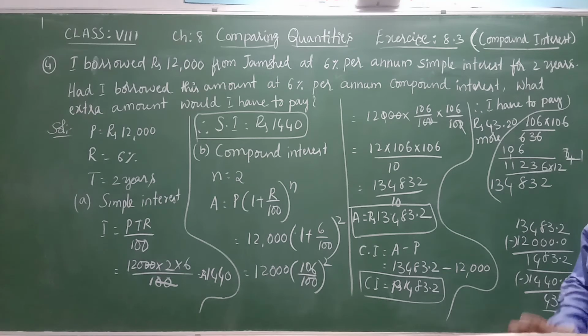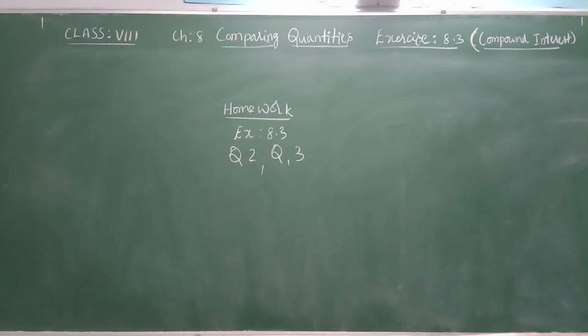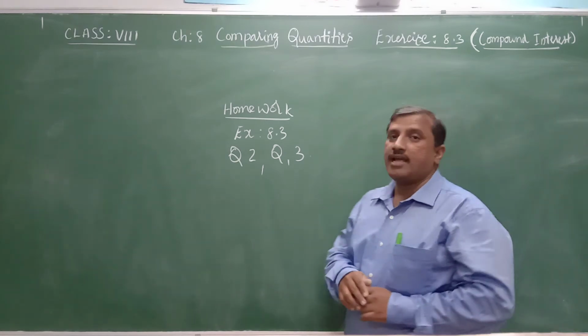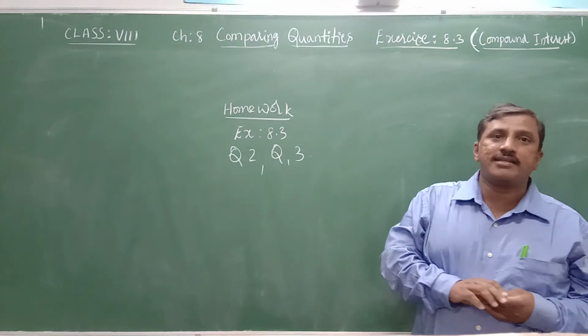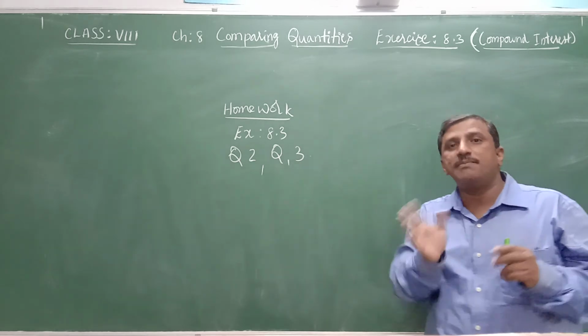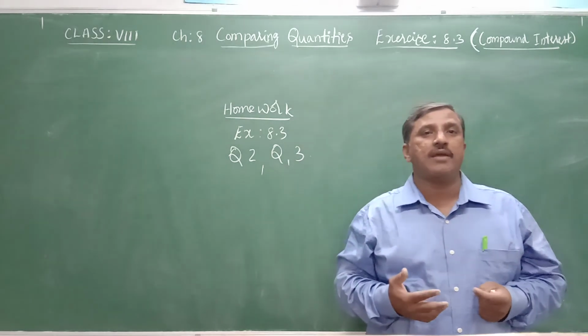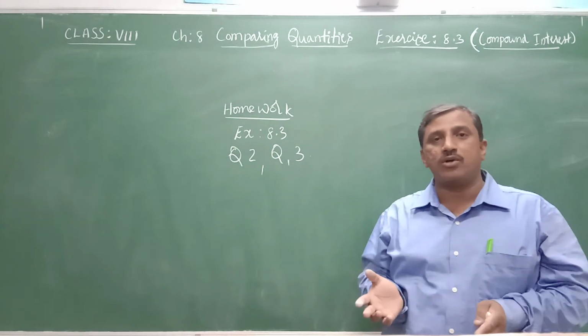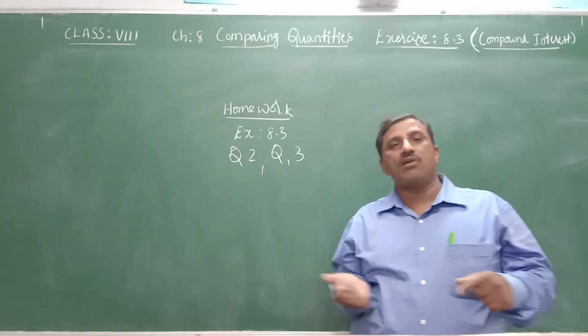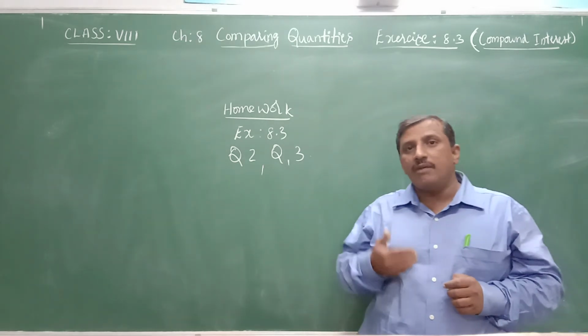Is it clear, children? We have to find the simple interest and we have to find the compound interest. Both we need to compare. Clear? I hope you understand today's concept, that is finding compound interest and simple interest, and the comparison between them: in which case we will have to pay more interest for the same period, same principal amount and the same rate of interest.